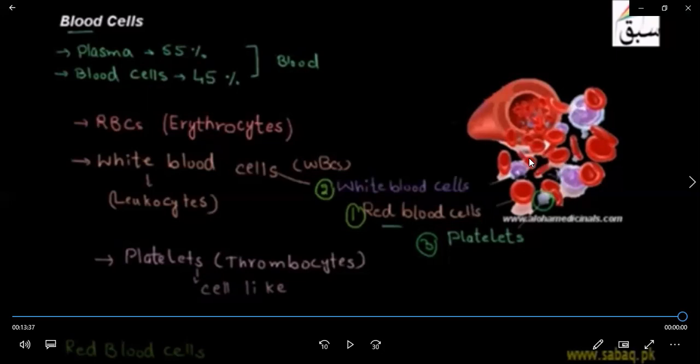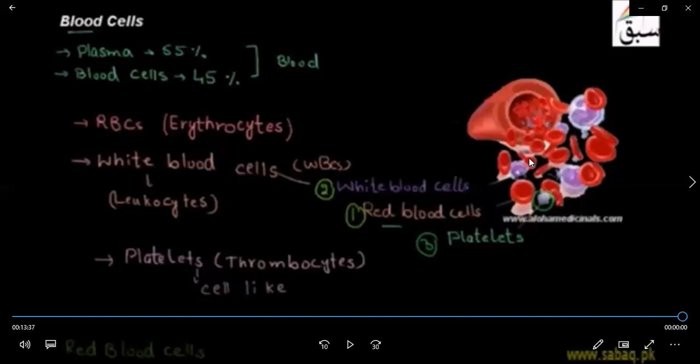There are three kinds of cells present inside the blood: red blood cells, white blood cells, and platelets. We do not count platelets as cells because they are not properly defined cells. They are just fragments or cell-like bodies of the cells, right? Now, RBCs are also known as erythrocytes, WBCs are also known as leukocytes, and platelets are also known as thrombocytes.